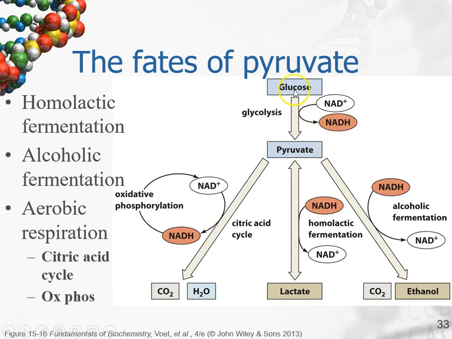In fact, if we did go from glucose to pyruvate and that's all we did, you would essentially use up all the cellular NAD plus and convert it to NADH, and then glycolysis would eventually stop if it didn't have any NAD plus. So the next step, whatever it is, and it could be different steps depending on what the needs of the cell are or what kind of organism you are, their strategy really is to regenerate the NAD plus.